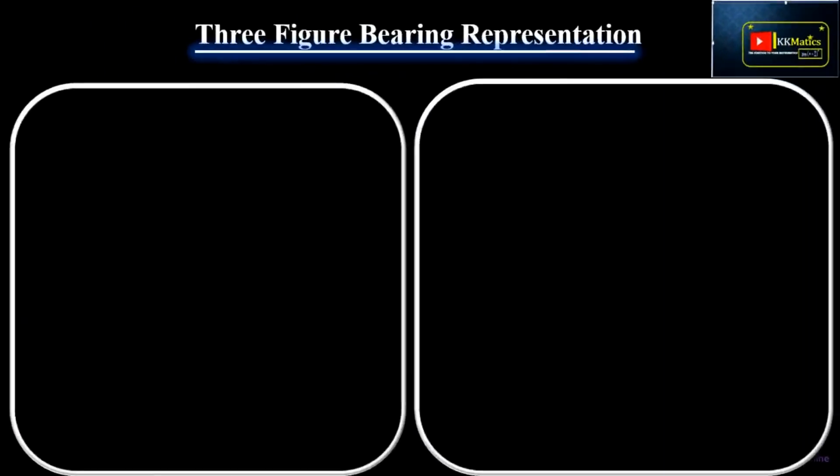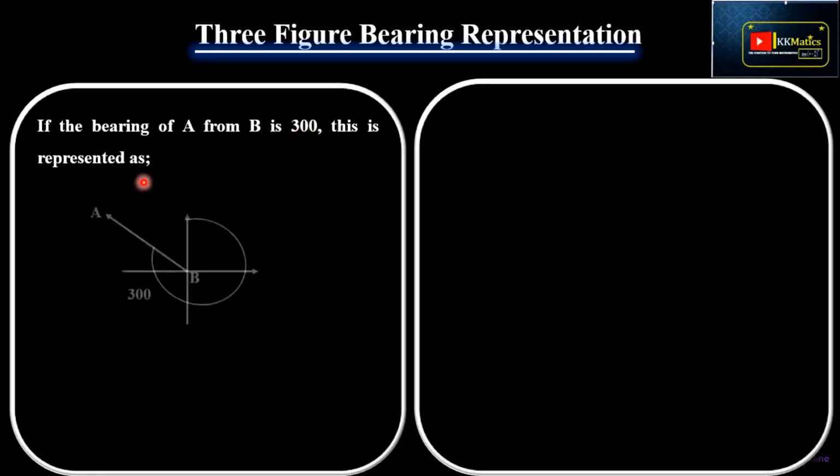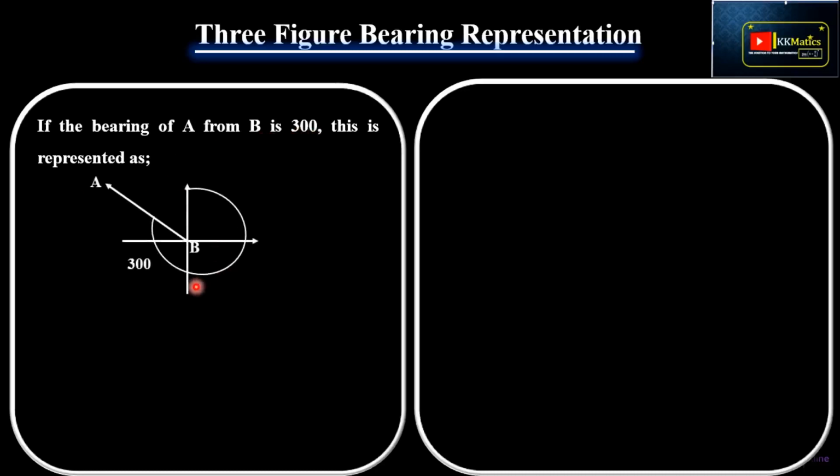The three-figure bearing representation. If the bearing of A from B is 300 degrees, then this is represented as the bearing of A from B. It's important to see it this way because most students make mistakes in considering this.